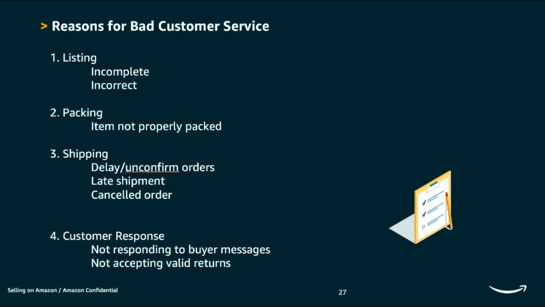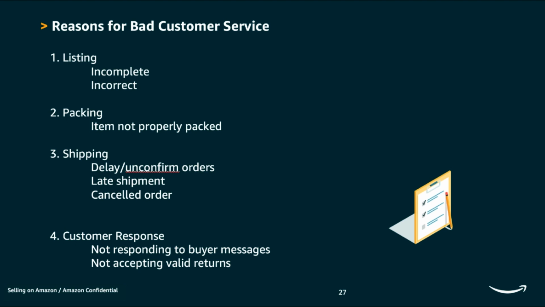Items which are not properly packaged, with inappropriate packaging, may be damaged in shipping and of course may lead to returns. So based on your category, make sure to package your item appropriately. If your item is fragile, if your items require special packaging, just use special packaging, okay, so that it will not be damaged in shipping.